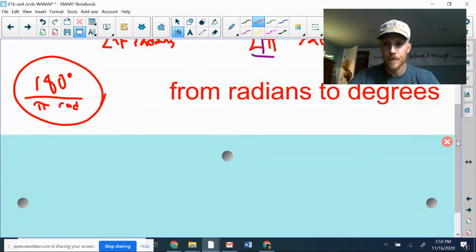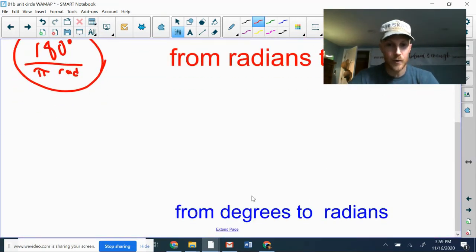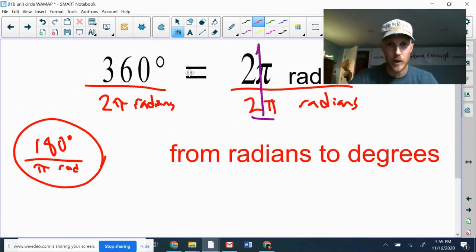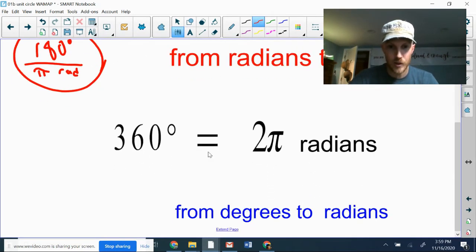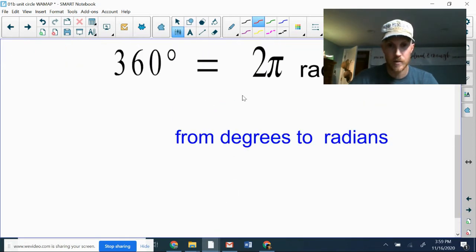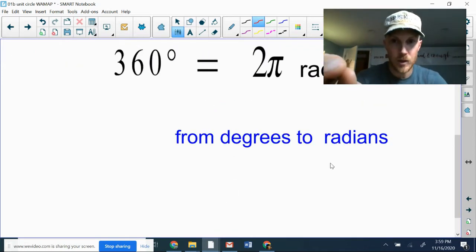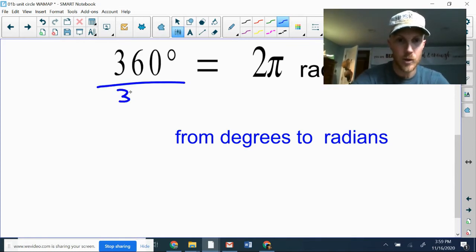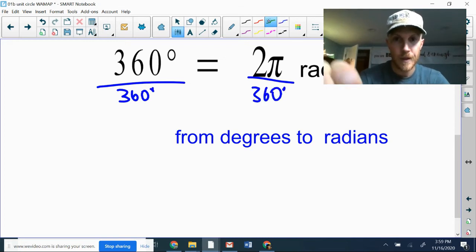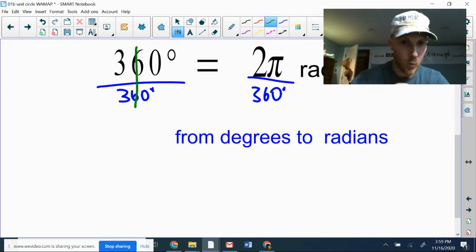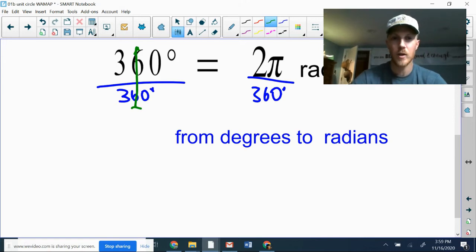Okay, and then we need a conversion factor to convert from degrees to radians. So I'm going to take this equation, bring that down here, and we're going to do the same approach here. We're going to divide both sides of the equation by 360 degrees. I'm going to get 1 on the left-hand side, 360 degrees divided by itself.